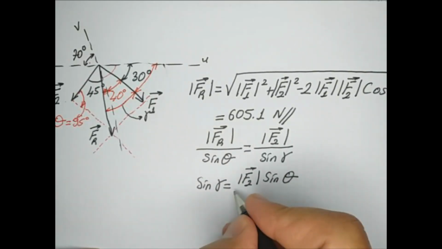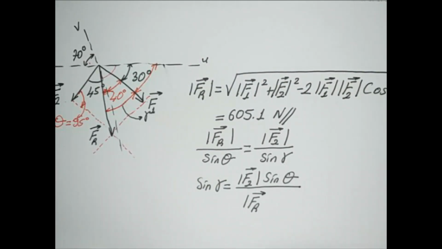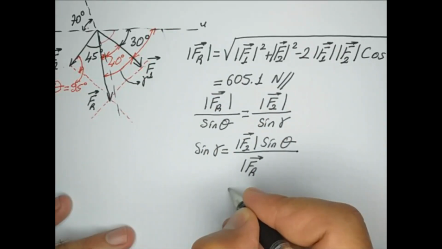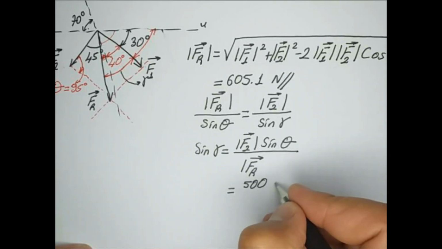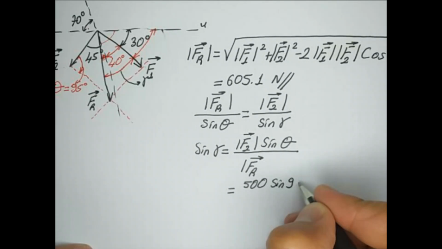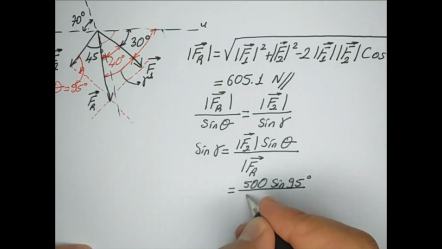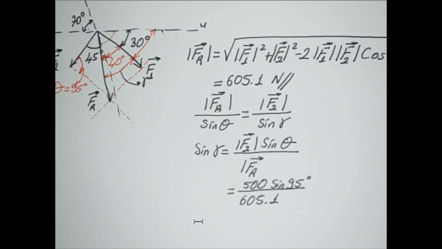And let's put in the values. F2 is given as 500 newtons multiplied by sine theta, which is 95 degrees, divided by 605.1. Now this makes 0.823.